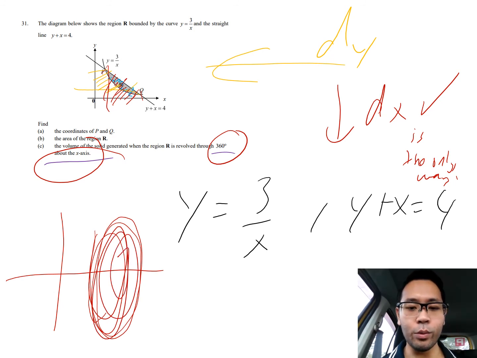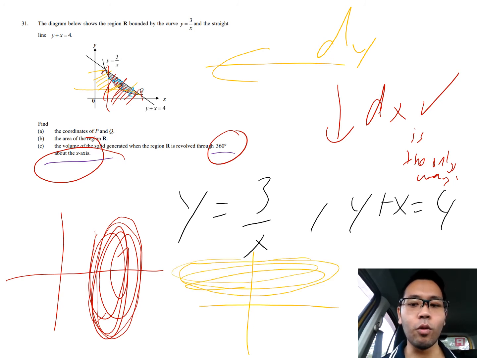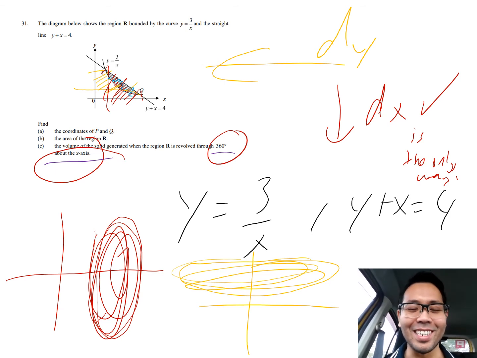If you do the y way, you get here, the volumes are completely different. Okay, so hope you know why it is dx. It's a trick question actually.